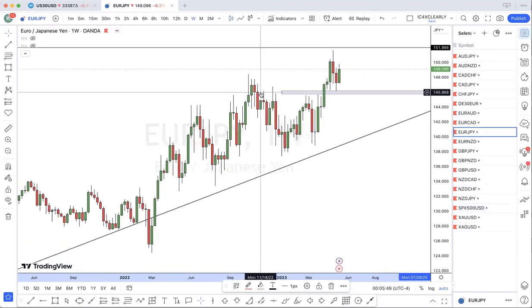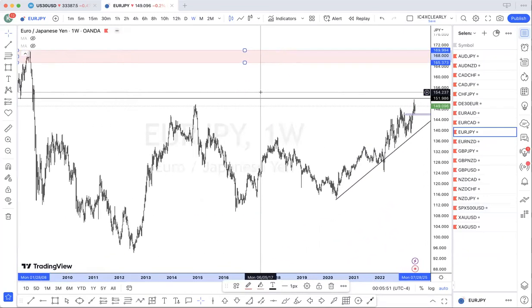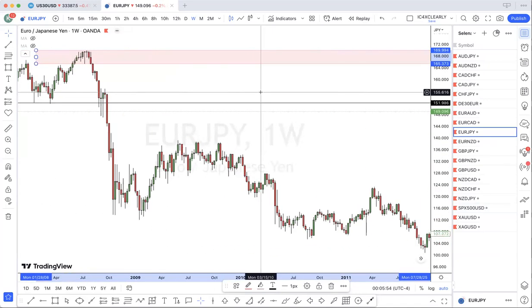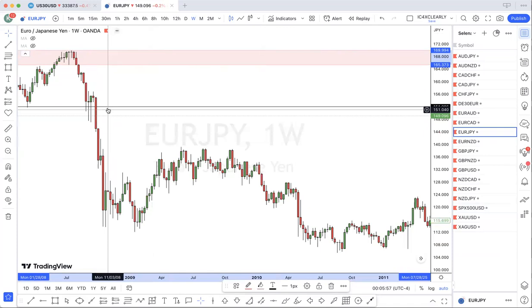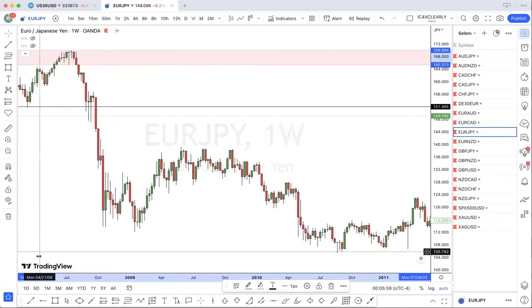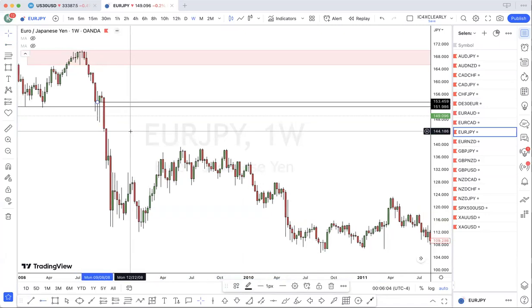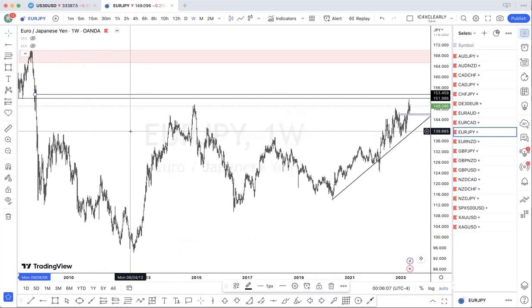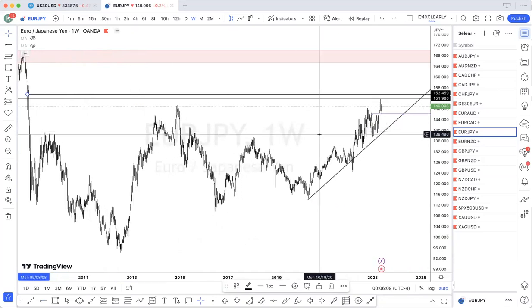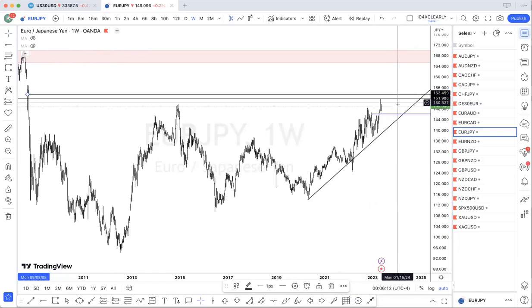So that was a weekly. Same thing. So it may just come and fill in this imbalance before dropping, or before pulling back, and maybe a possible continuation. So it's going to either continue buying up or it's going to break structure and start selling down.